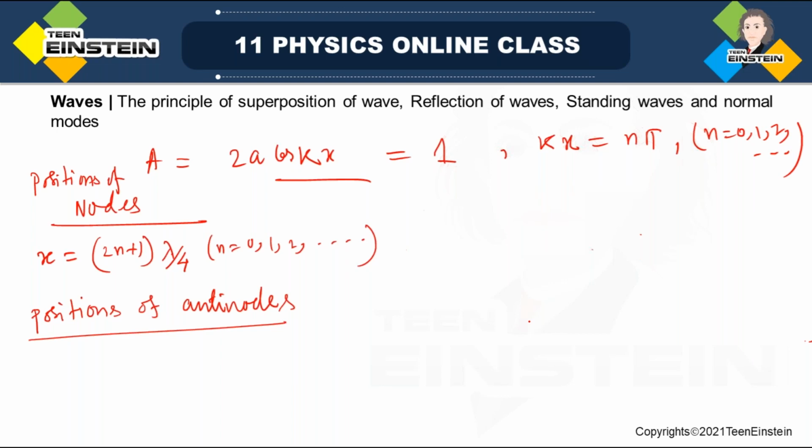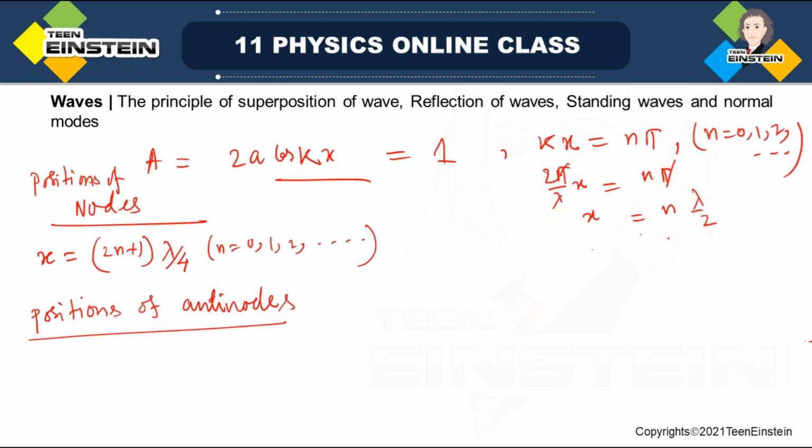Obviously this will be an integer. If we put k is equal to 2 pi by lambda and find the position of x, n pi, so pi goes off, and you'll get x is equal to n into lambda by 2.